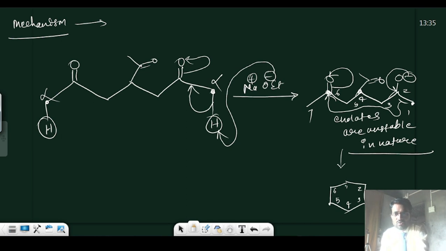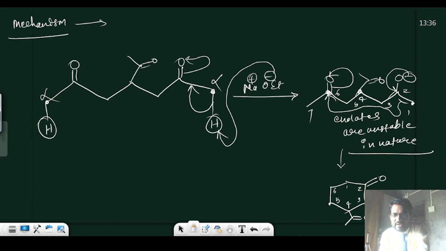So first carbon, second carbon having double bond, third carbon having nothing, fourth carbon having one carbonyl group, and fifth carbon having nothing, sixth carbon having this.